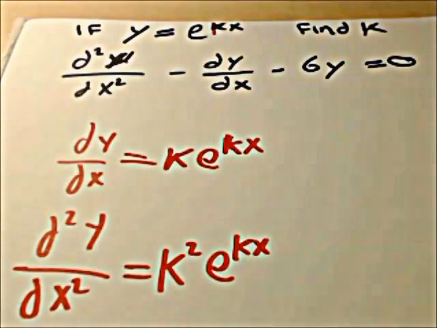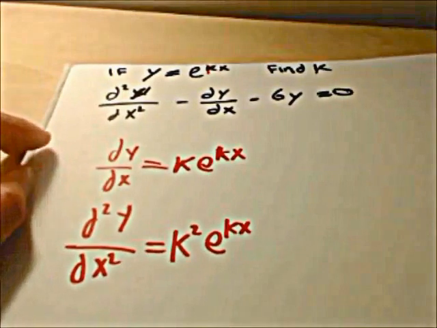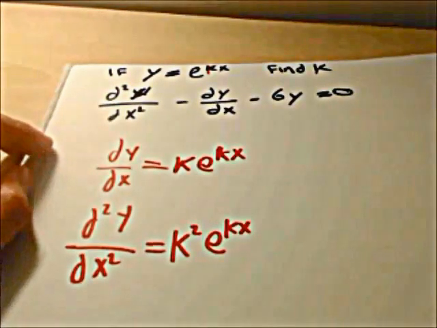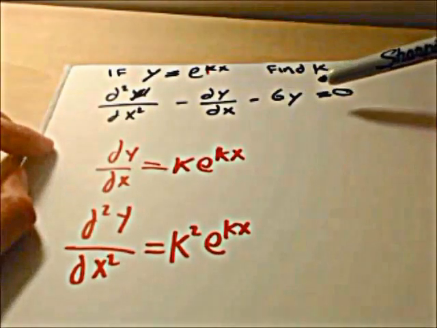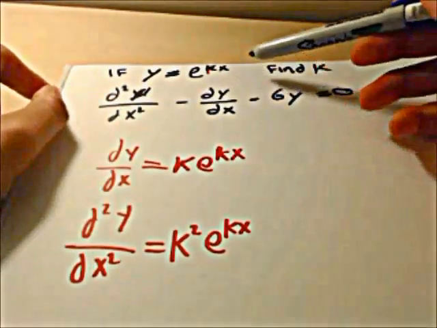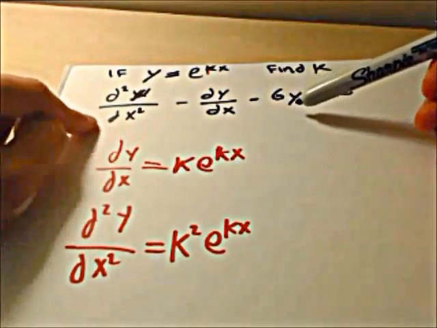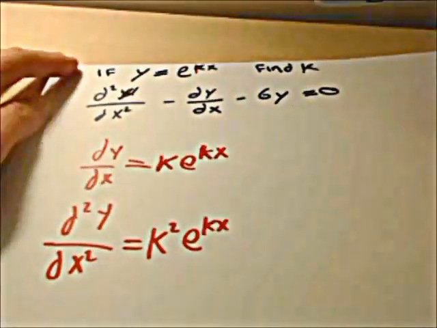We can also substitute y with what we've got in the original question, which is y equals e to the power kx. So basically, we're going to substitute every variable here. We're just going to leave the constant in the quadratic equation.